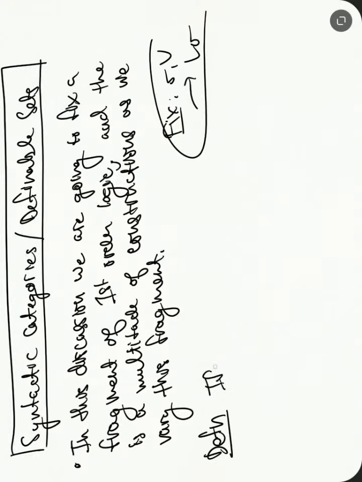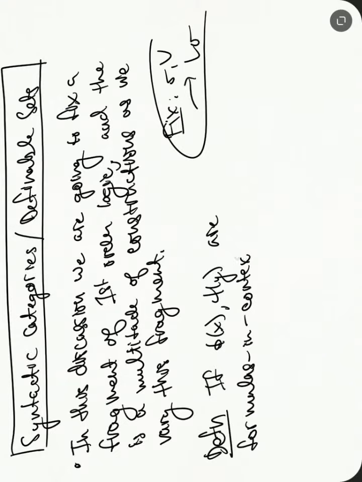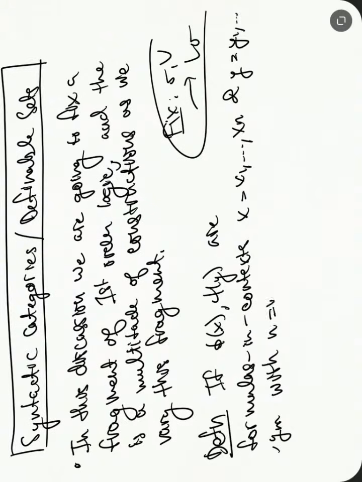So if phi of x and psi of y are formulas in context x1 to xn and y1 to ym, with n equal to m, I'm going to define an equivalence relation.